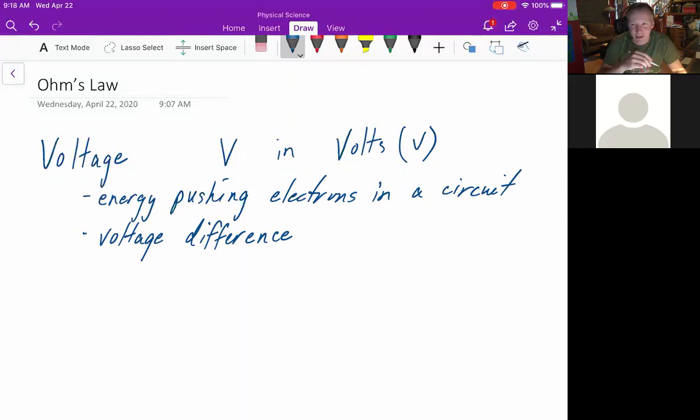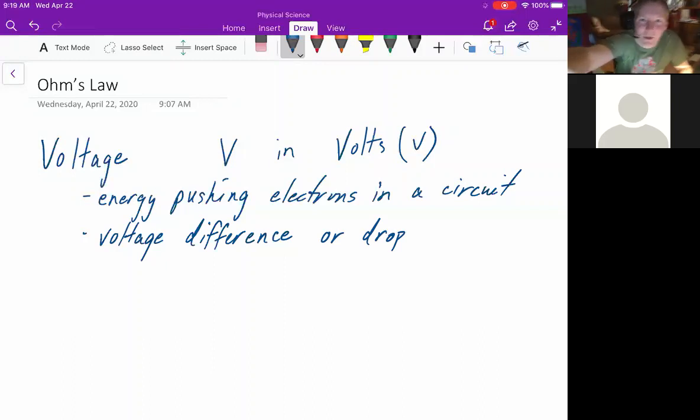It's just a difference in energy from one point to the next. And same with drop. That describes how much voltage, how much energy is being lost by electrons going from point A to point B. All of those mean the same thing. Whenever you see any of them, we're talking about voltage. Although they go by slightly different names, they all mean the same thing.